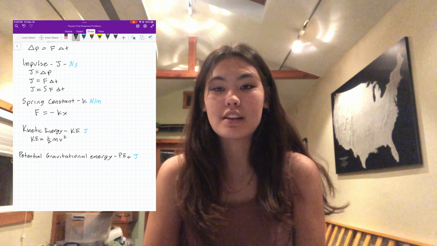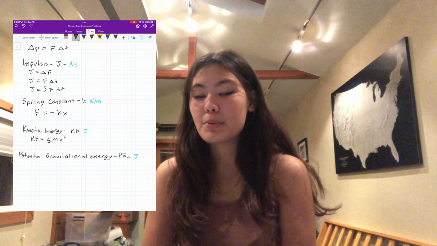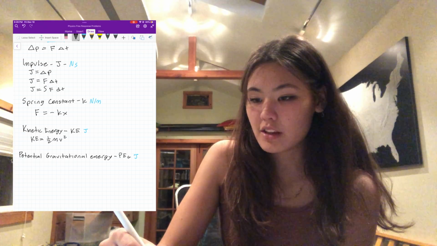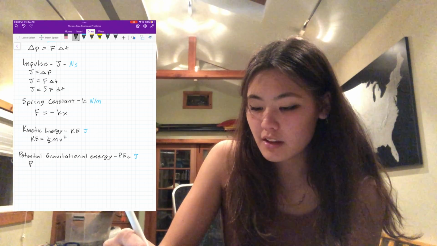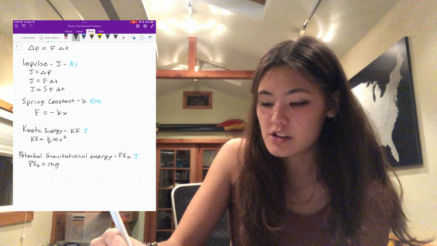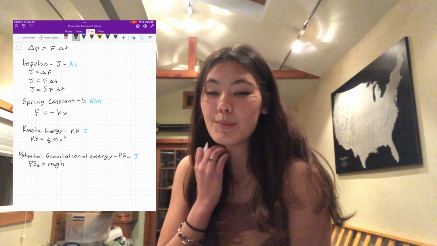And potential energy is the energy stored in an object due to its height or relative position above a zero. So this is given as PE_G is equal to mgh.